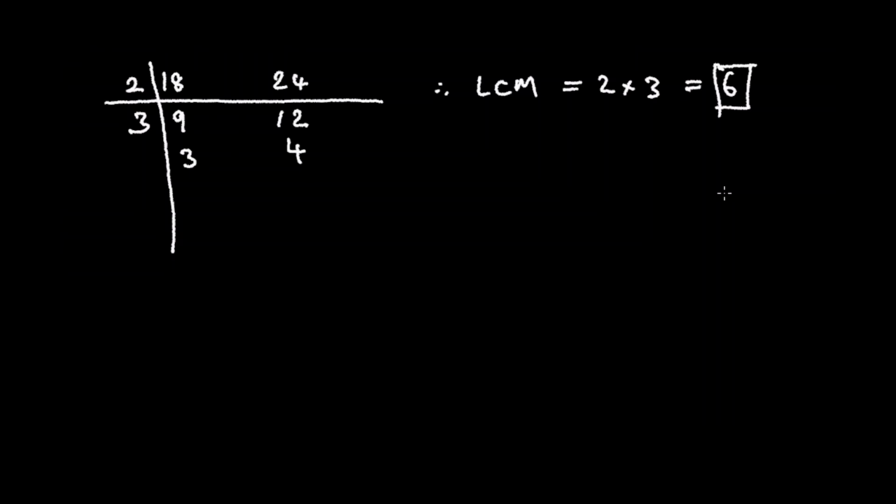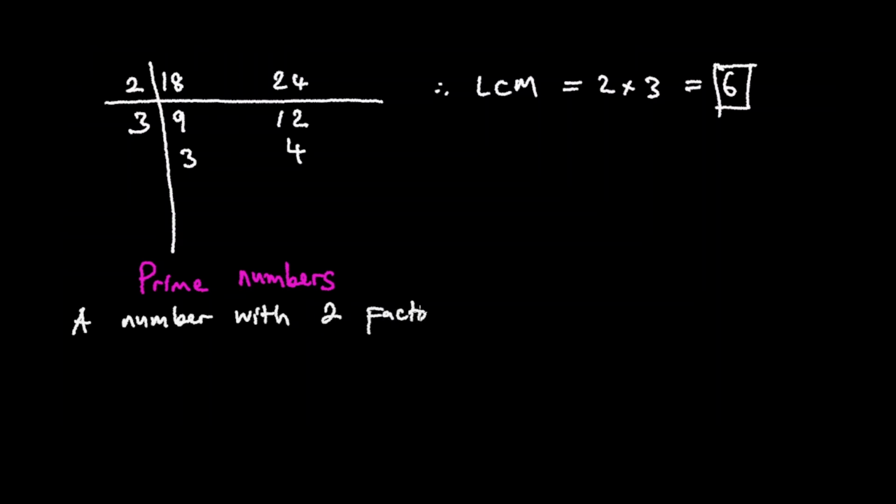So now let us look at what we refer to as prime numbers. When we say a prime number, we are just referring to a number with two factors, 1 and itself. So only 2 numbers go into it, 1 and itself.